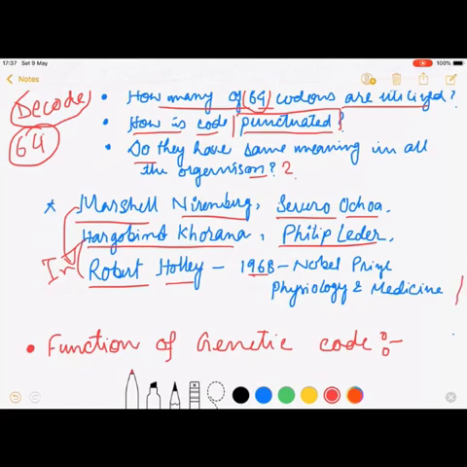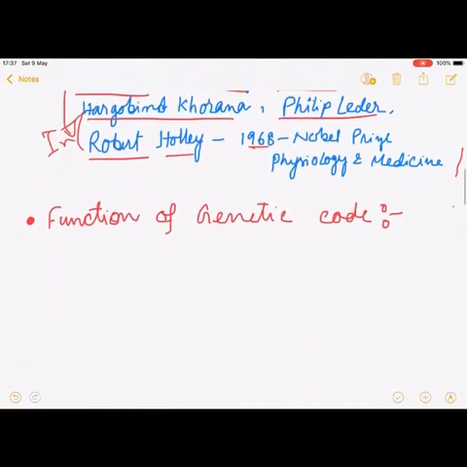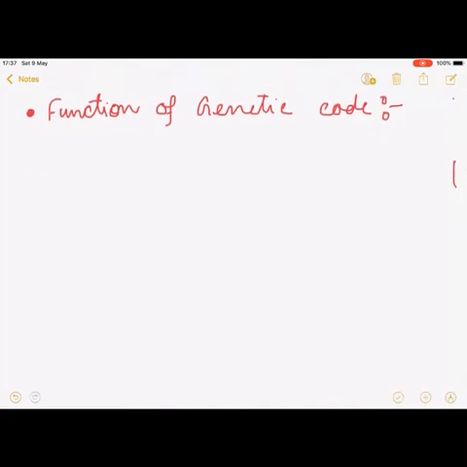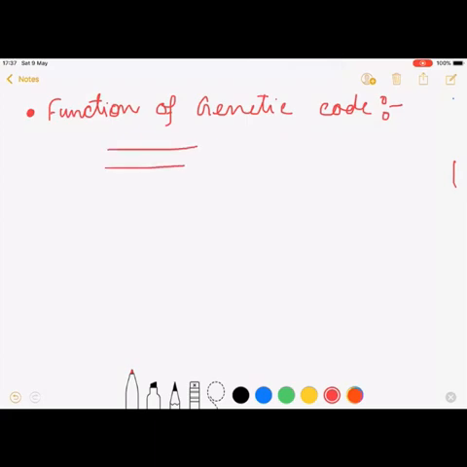So let us know the function of the genetic code. Before we start, you should know a little bit about the function of DNA and the central dogma of molecular biology. How our DNA works. This is our DNA, which is going to form a protein. To make a protein, the DNA will make a copy of itself.